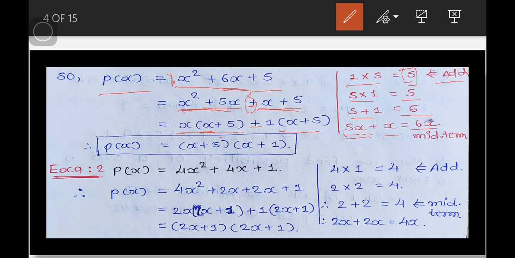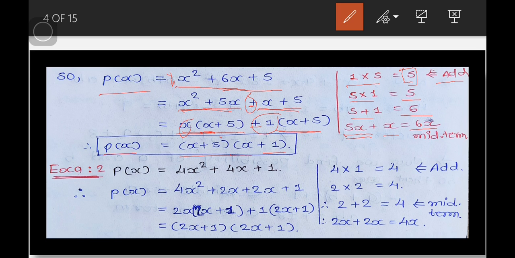Now you can see that the first group and the second group have one common group of terms, that is x plus 5. So we extract x plus 5 from both groups, and we put the remaining part in another bracket. So p of x is equal to x plus 5, which we extracted from both groups, and the remaining part, x and plus 1, we put in another group.